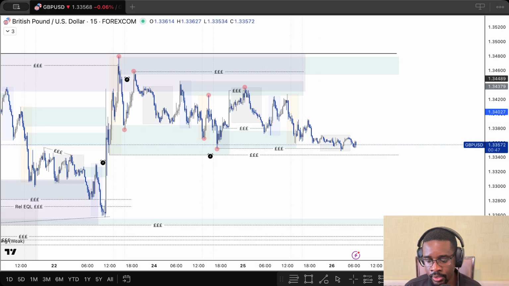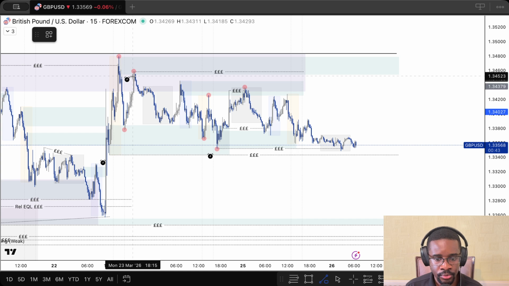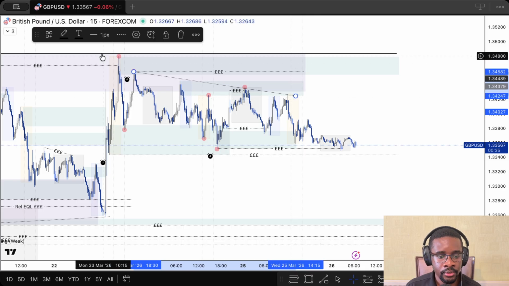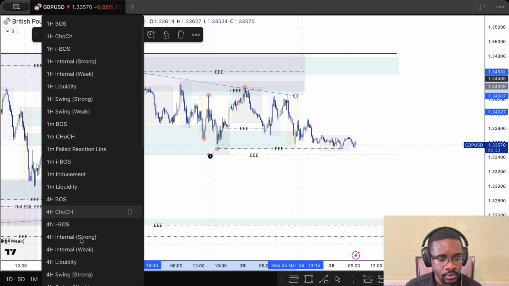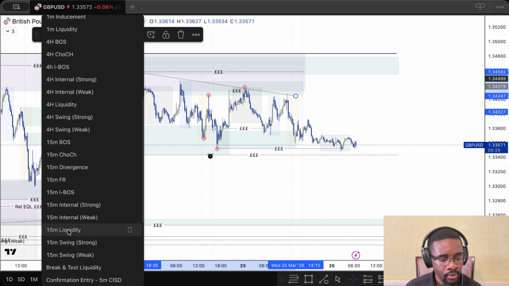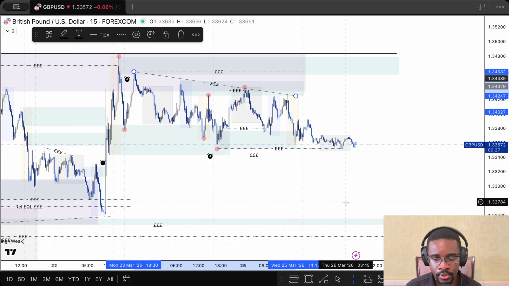But what's happening now is I can see we are starting to also create a level of trend line. So we are also building a level of trend line at the top. So now it's liquidity traps everywhere.